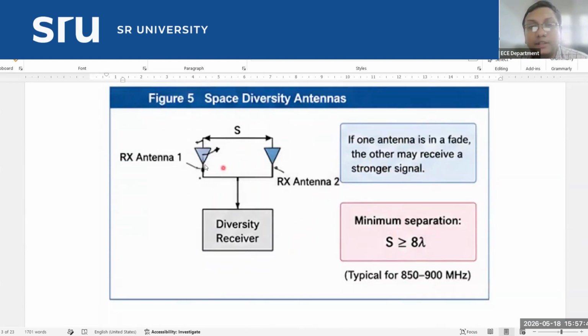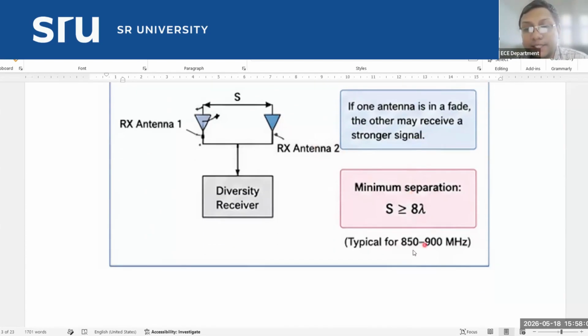That is why we connect one combiner to these two antennas, and finally we get the signal at a receiver. We have already discussed this combiner is nothing but a power divider. It could be a T-junction power divider, it could be a Wilkinson power divider, and there are other types of power dividers as well.